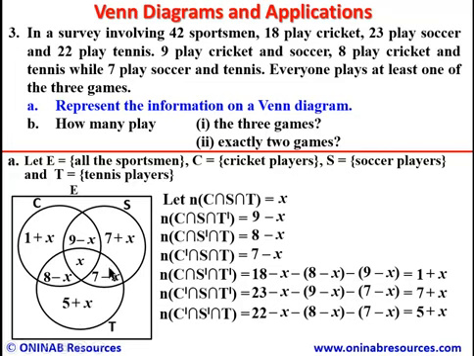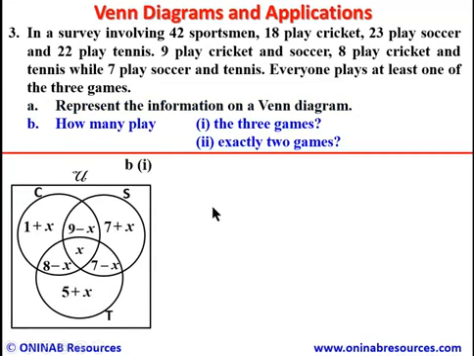Since everyone plays at least one of the 3 games, outside this 3 circle is an empty set. We have succeeded in representing the information on a Venn diagram.